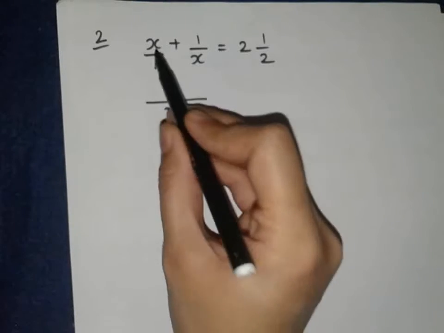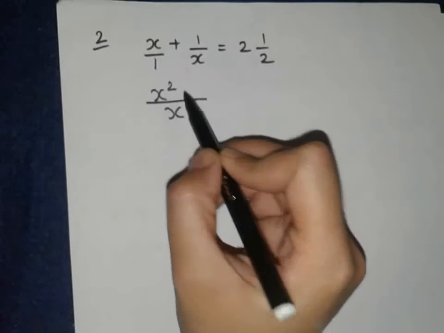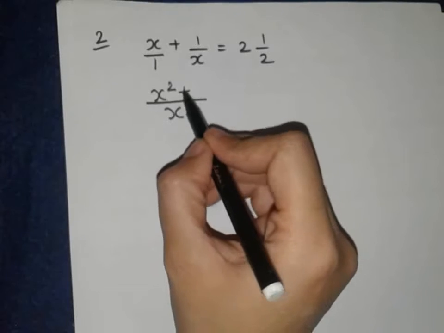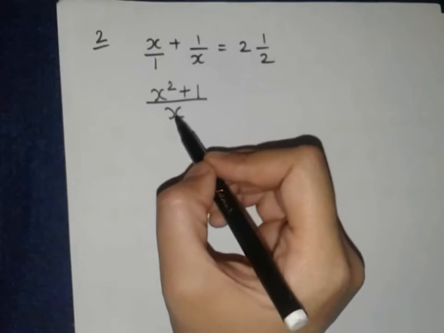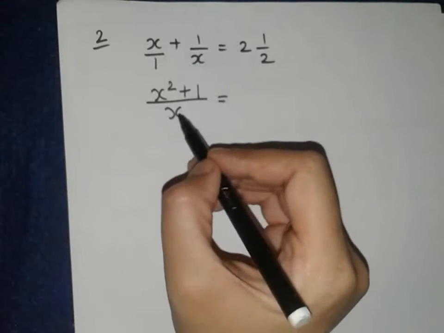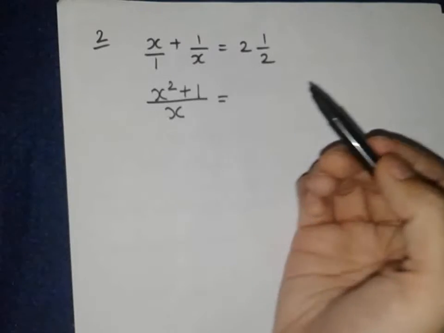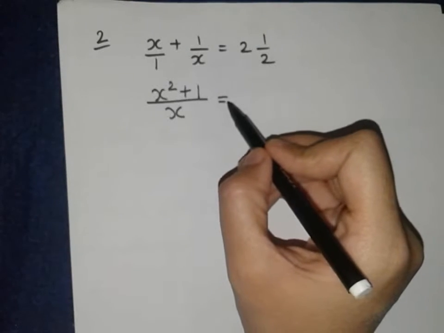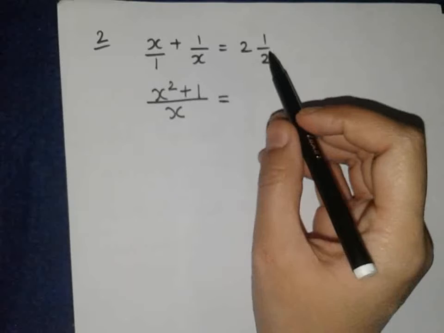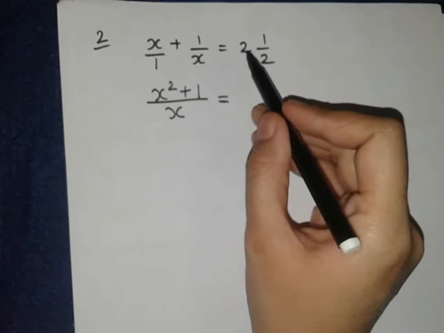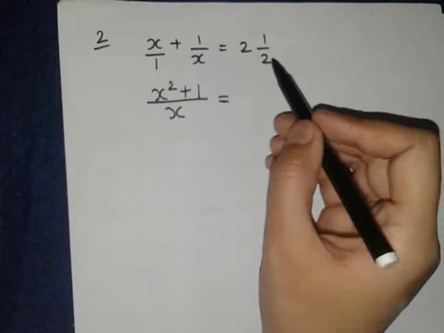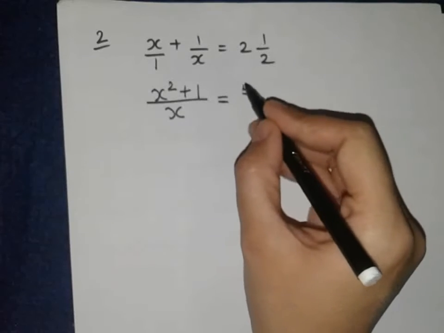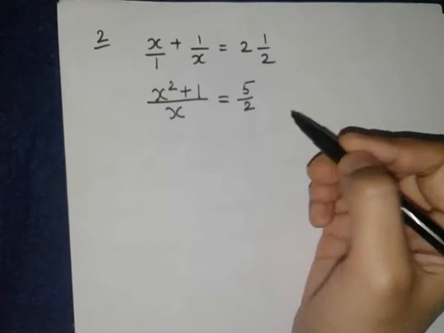This will be 1 into x is x, so x into x is x square, plus 1, because x is already here. Simple fractions like we solved, that way we are solving. The mixed fraction, change it into improper: 2 2s are 4 plus 1 will give us 5 upon 2.